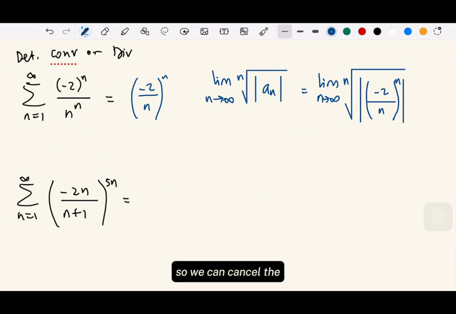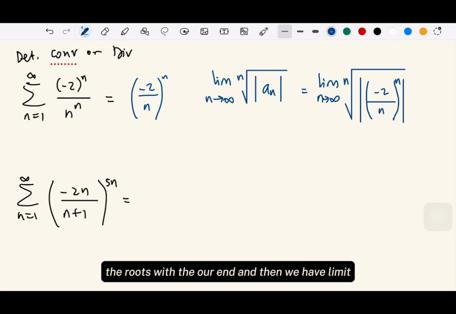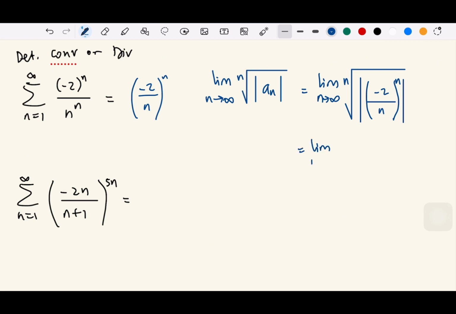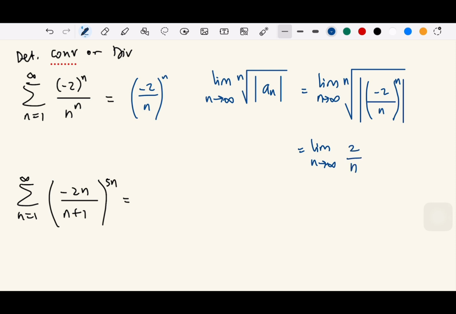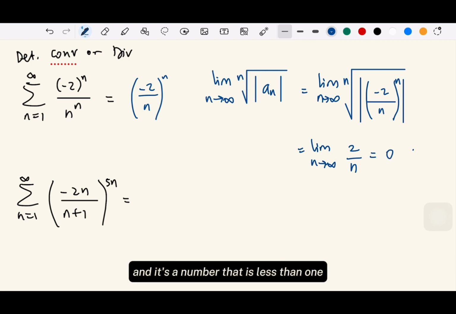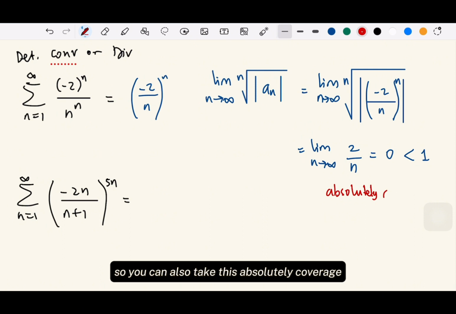So we can cancel the root with the power n, and then we have the limit of, because of the absolute value, 2 over n, which is equal to 0, a number that is less than 1. So this is also absolutely convergent.